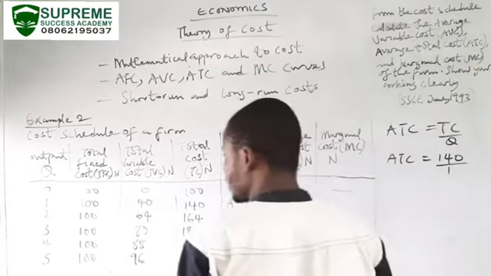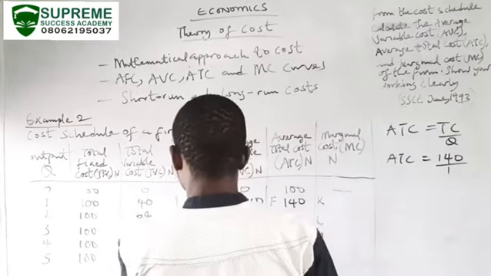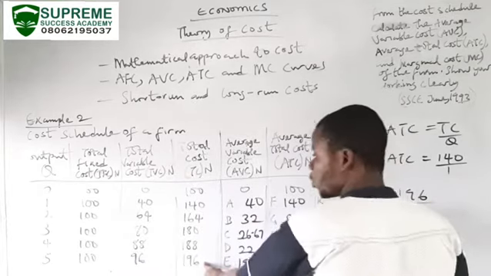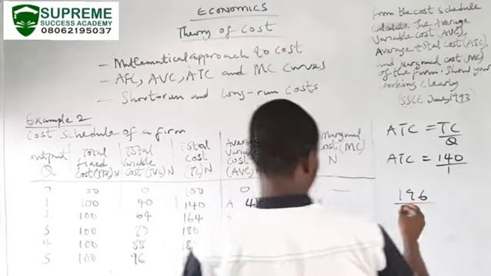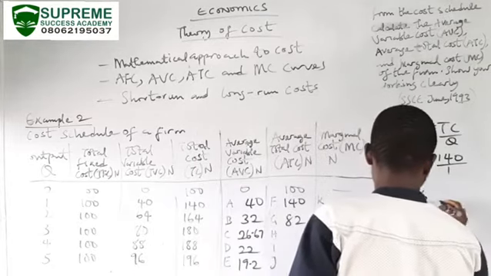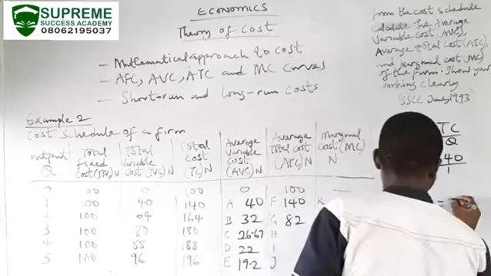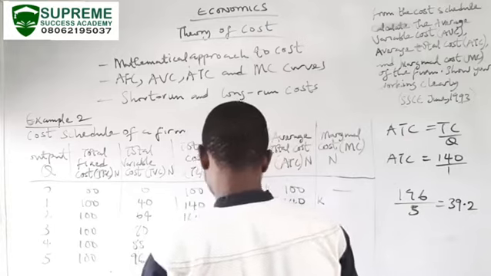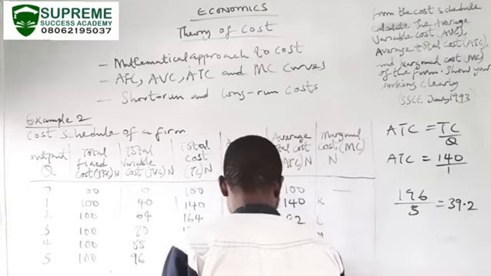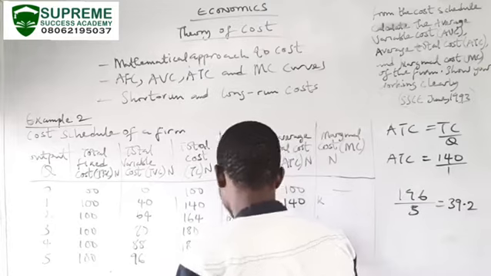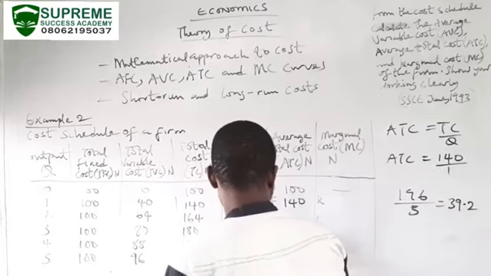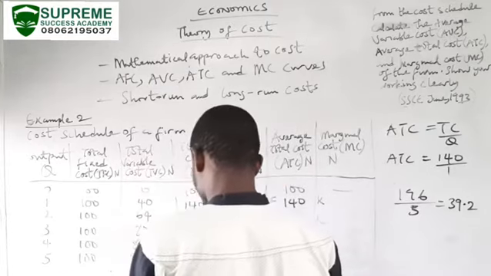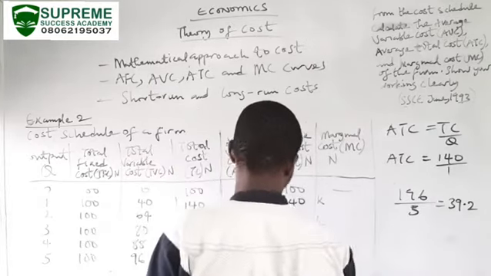The last one is total cost, which is 196, divided by the output, which is 5, equals 39.2.